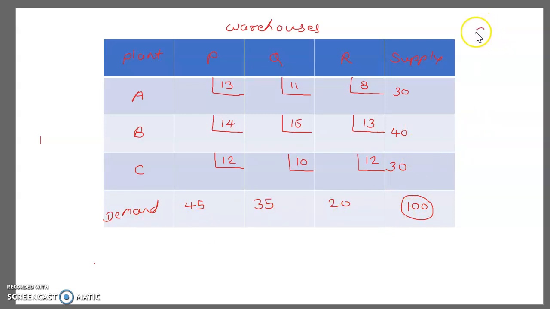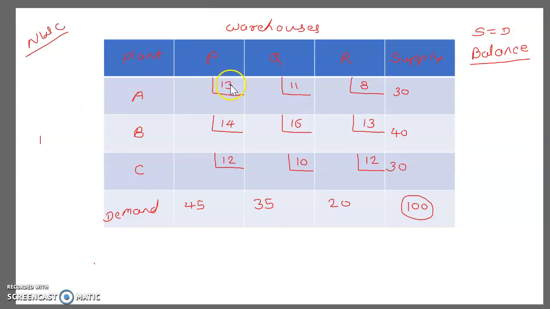Therefore, supply is equal to demand, which means this problem is balanced. So we can solve the problem by the transportation method. Right now we want to solve this problem by the northwest corner cell method.